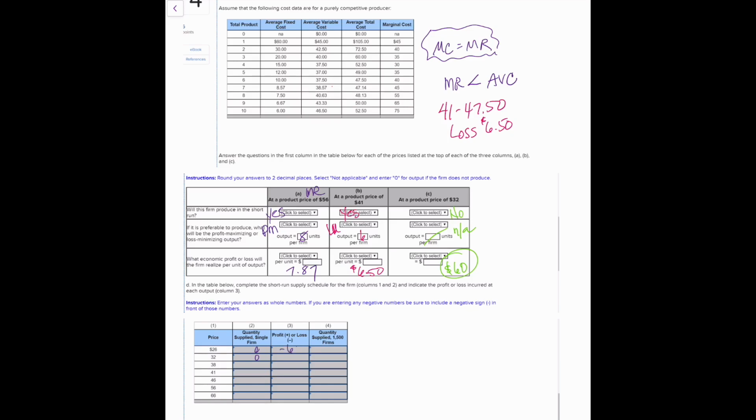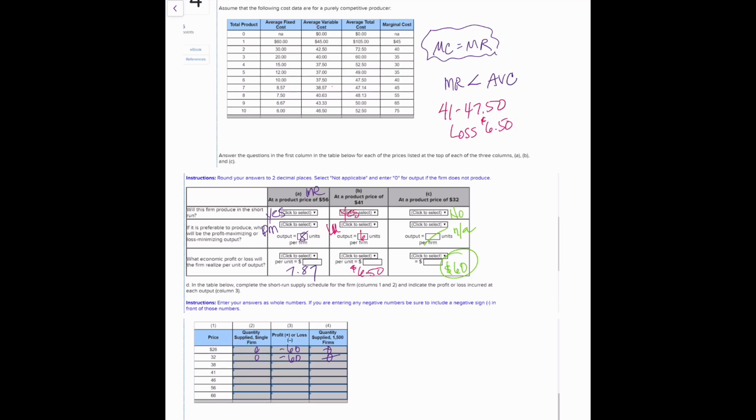So it's going to be minus 60. And that's not going to be an amount produced by any of the firms. So for all 1,500 firms together, nothing will be produced. The second one, the 32, we've already covered that, and we have the same scenario here. It's going to be a shutdown, total loss, none of the 1,500 firms.